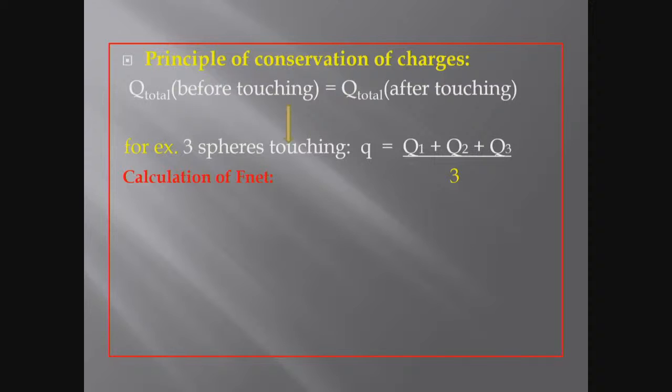And remember, the charge on each sphere after touching is the same charge. It will be for all three spheres plus 2 coulomb, or for all three spheres minus 2 coulomb. But each sphere, because they are identical spheres, has the same value for the charge. Very important.